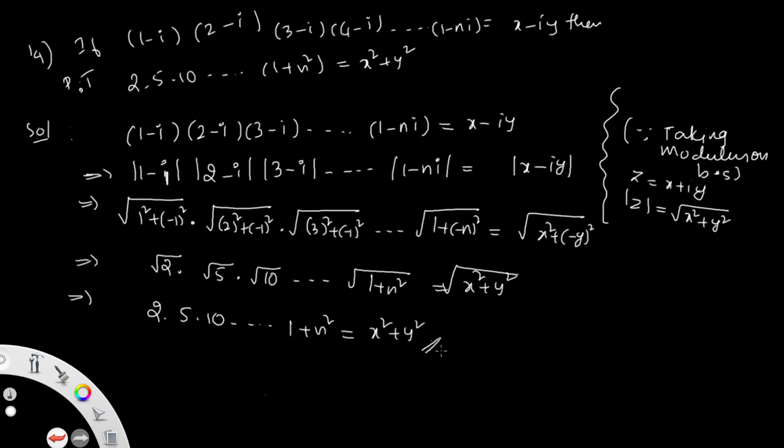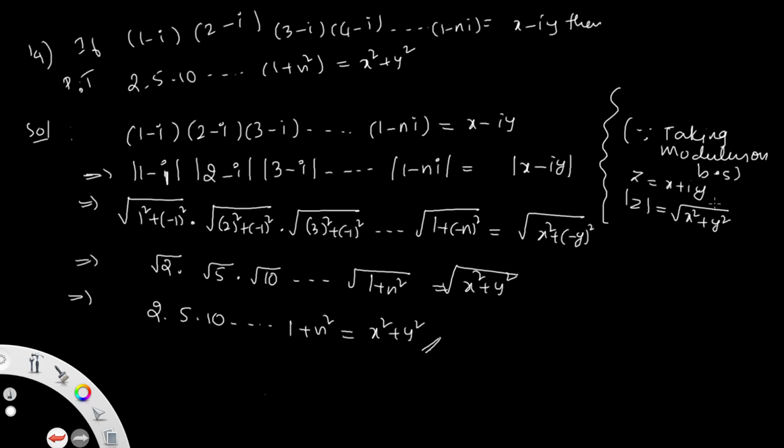Hence proved. The question is in the form of real numbers, as given above: (1 minus i)(2 minus i) and so on up to (1 minus ni) equals x minus iy. The answer is in the form of real numbers. So I am taking modulus on both sides for each and every term: modulus of 1 minus i, modulus of 2 minus i, modulus of 3 minus i, and so on, and modulus of x minus iy. What is the formula for modulus?